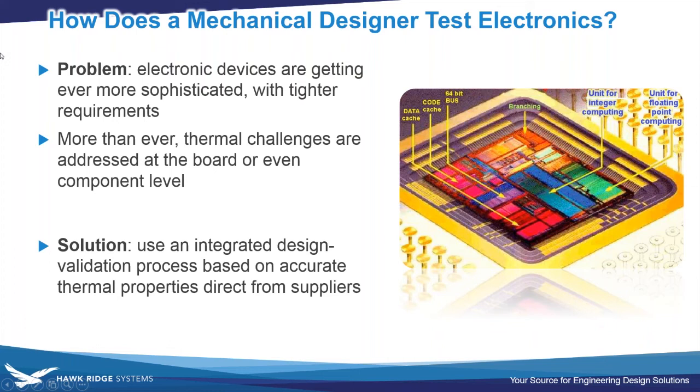So if we want to check these thermal requirements and get the best mechanical design, we want to capture those electrical design features as accurately as possible. If the chip itself has been designed in a certain way to get the heat out, we need to account for that too, in addition to whatever kind of heat sink we might create, or how we decide to create vents or component placement on the circuit board.